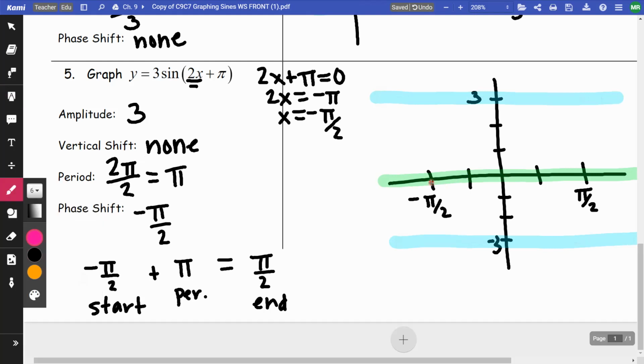And when I'm going to graph this, remember my sine starts at 0, ends at 0, halfway in between 0. And then in between that will be my high, which is up at 3. And in between these will be my low, which is down at -3. And then I'm going to connect. And there's your graph. And that's the end of this video.